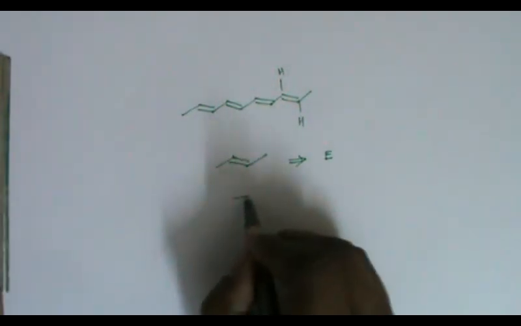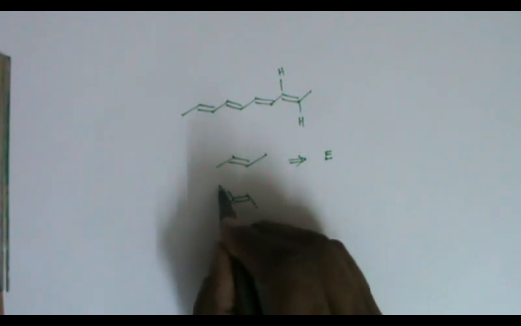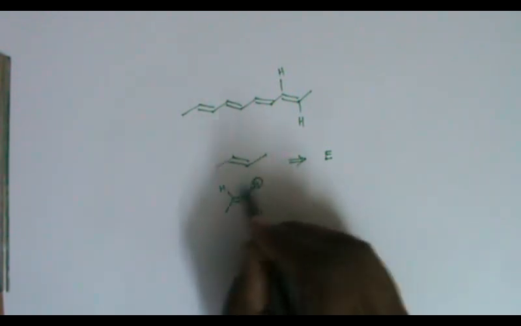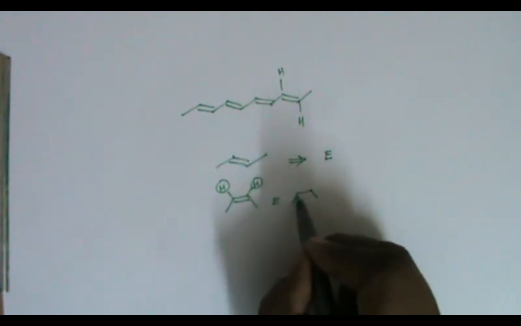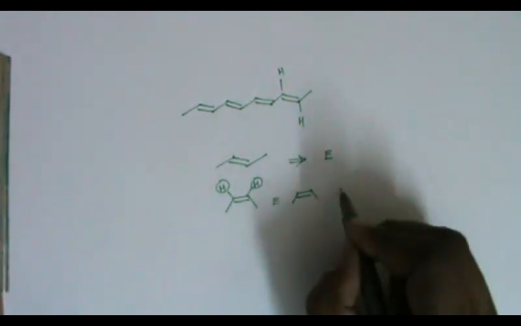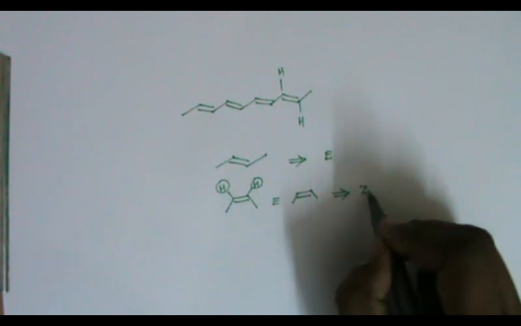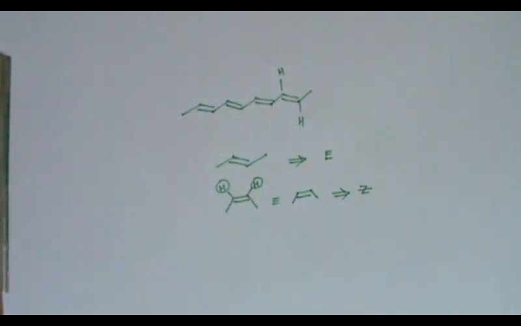On the other hand, if you see like this, there are two hydrogens but they may not be mentioned. If you see it like this, then you can say that it is a Z olefin. It is a very basic principle in stereochemistry, but still many students struggle to understand this concept.